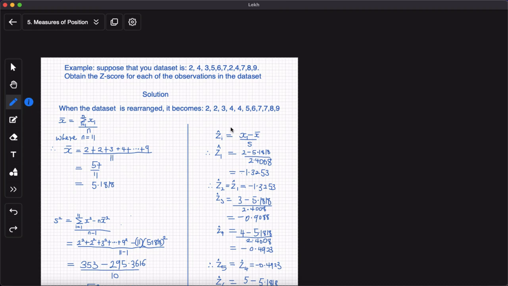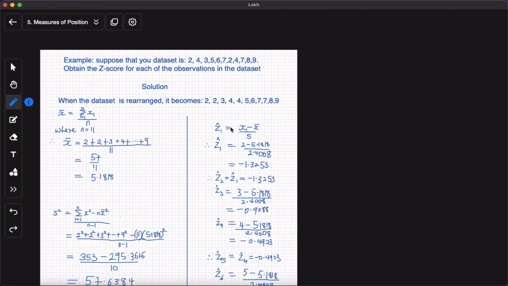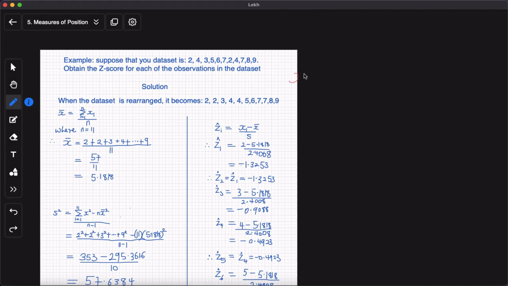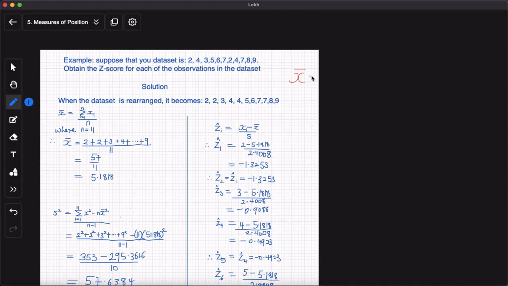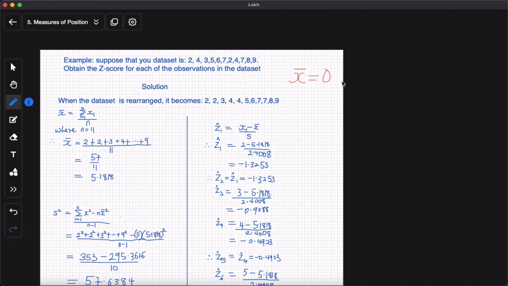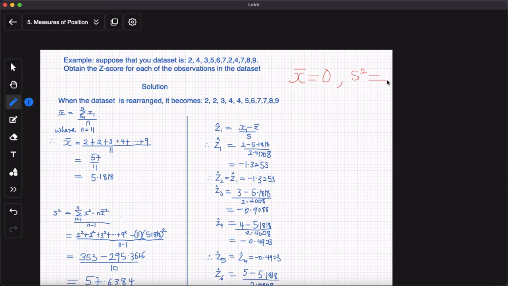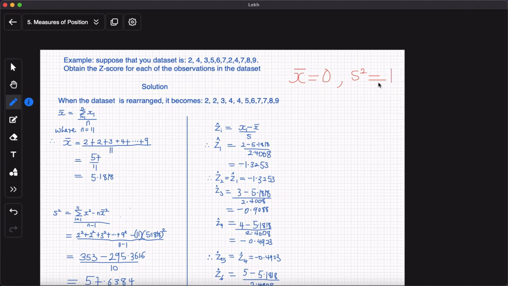It helps you to transform the data to a form that will give us a mean of 0 and a variance of 1. At least approximately, because when you do the z-score thing, you do some approximation.